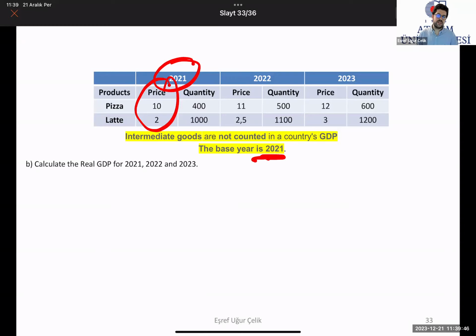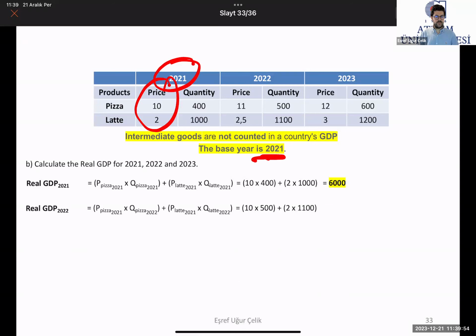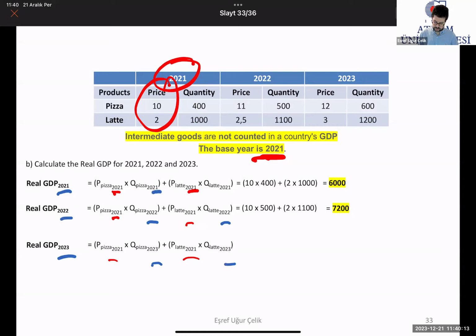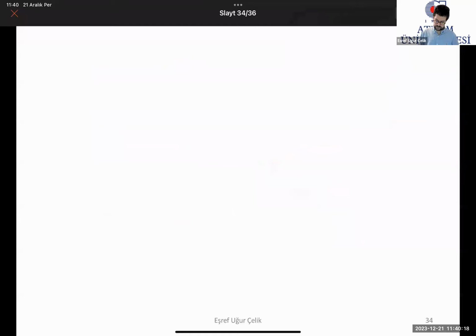For the quantity, what year I asked you. You see that for the price, we get the base year price. And for the quantity, the year I asked you. And for growth rate, we get the real GDP.